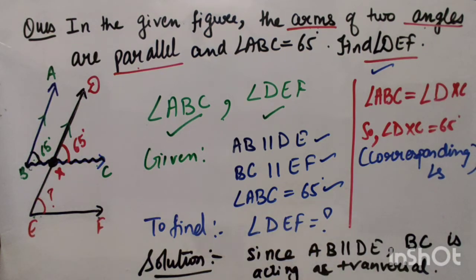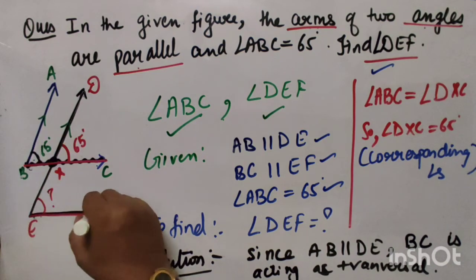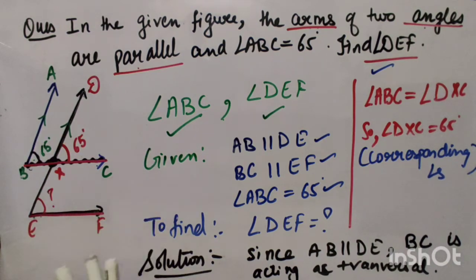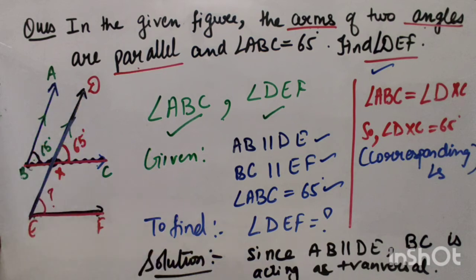We have now reached this angle, and we need this other angle. We know that this and this are parallel lines, and this arm is acting as a transversal.